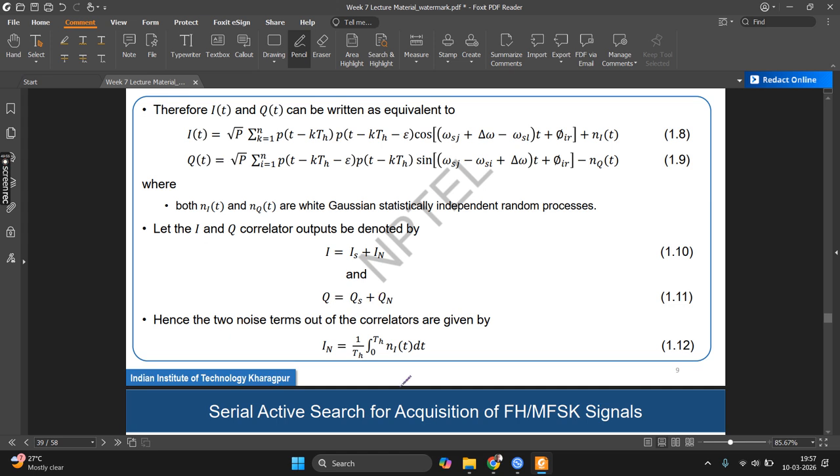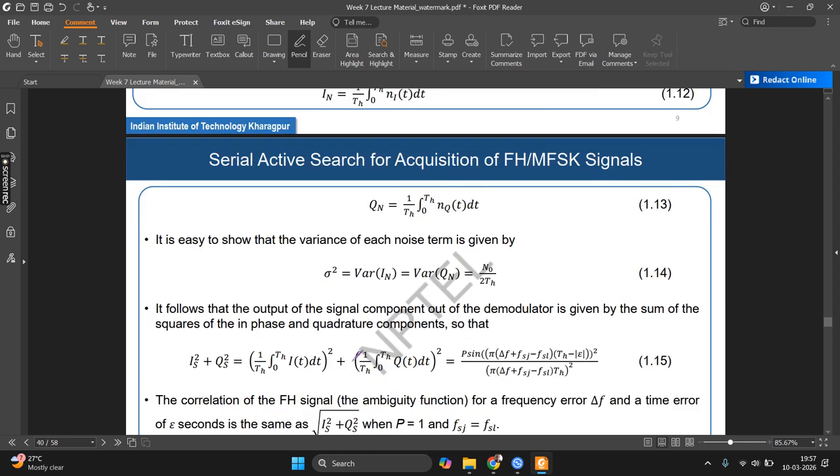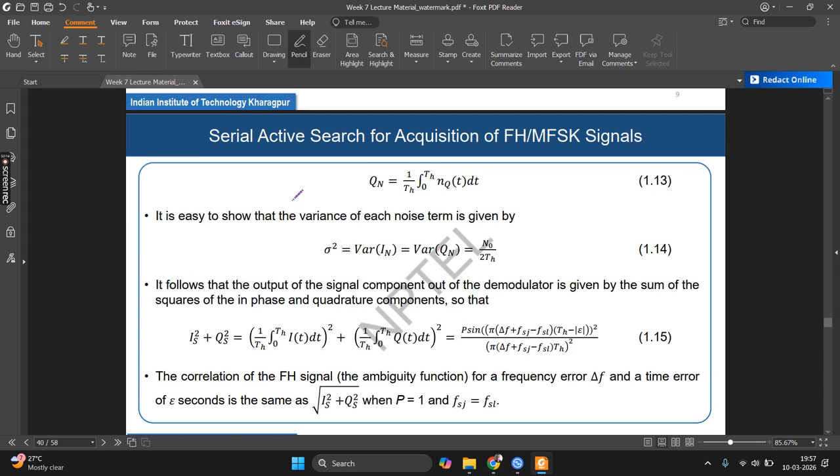So the In is basically this and the Qn is this. These are the noise parts. Is square plus Qs square, if you do, you will get some value like this. It follows that the output of the signal component out of the demodulator is given by the sum of squares.